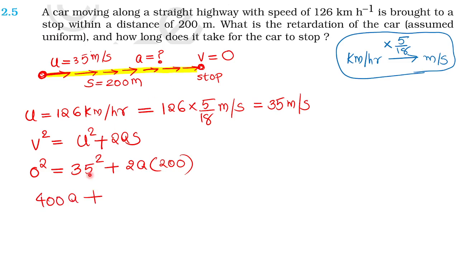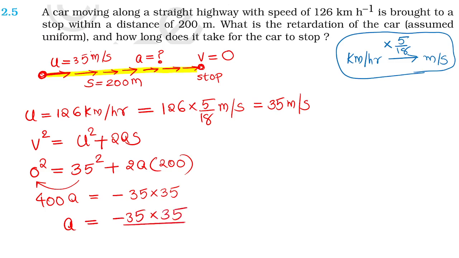And this 35 square can be taken to the other side. I don't want to explain all the steps. 35 square is taken to the other side, minus 35 square. Clear? 400A equal to minus 35 into 35. I want acceleration, so 400 goes to the other side, and we can reduce.